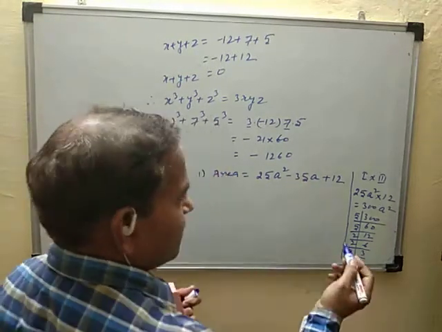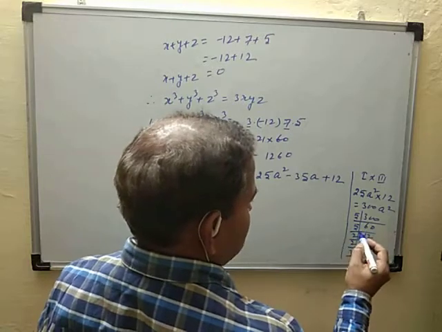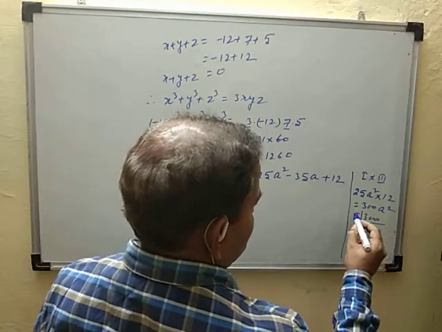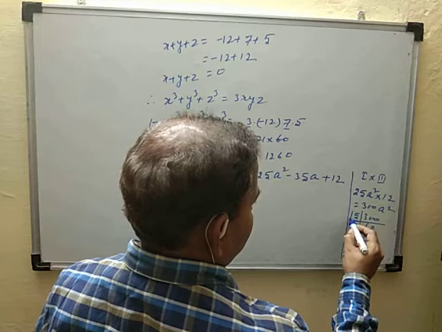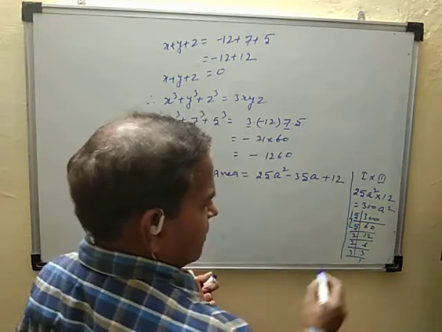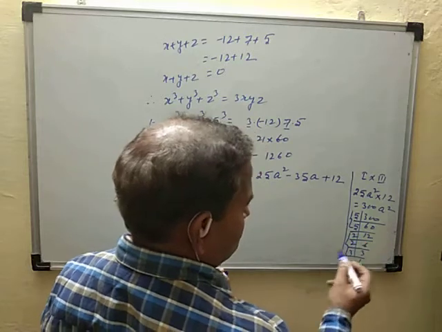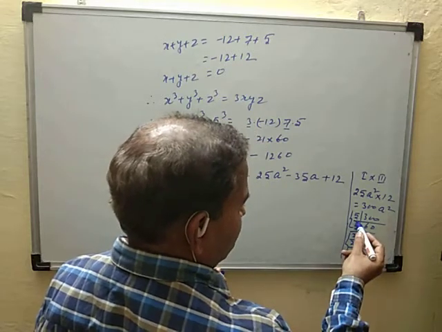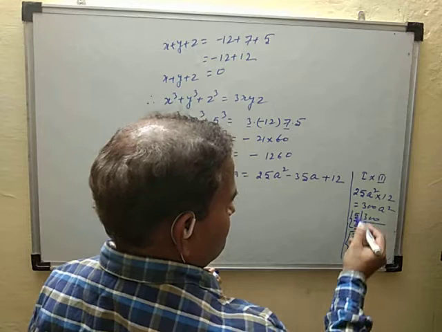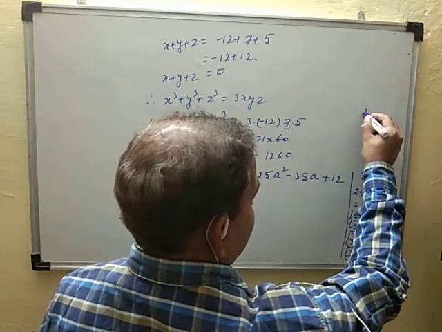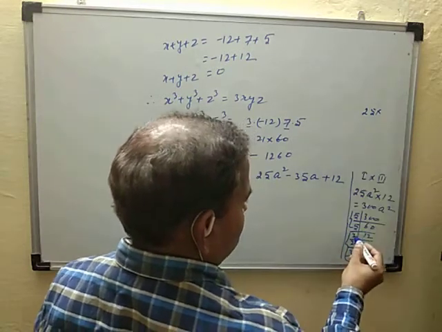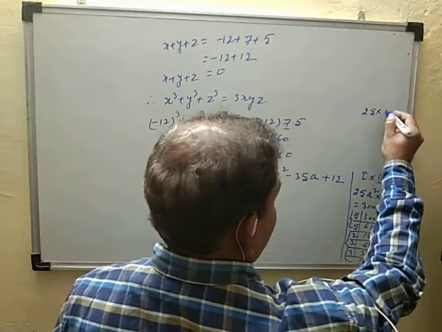So how do we make the sum and difference? Suppose one factor is 2 into 2 into 3, that is 12, and the other is 5 into 5, that is 25.